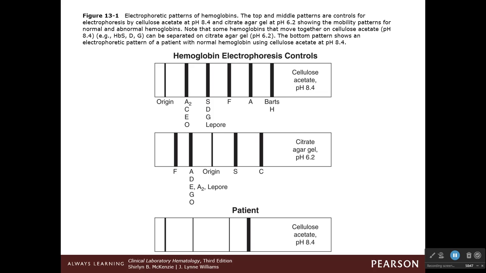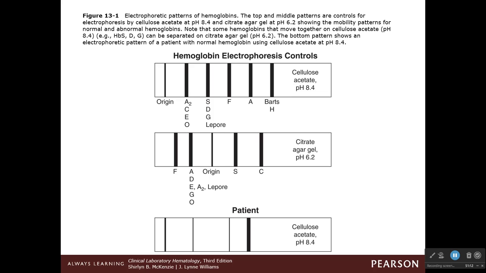What does homo mean? Means the same. Hetero means different, right? So in homozygous, this person would be that, so then they're going to form hemoglobin S. This person is heterozygous.